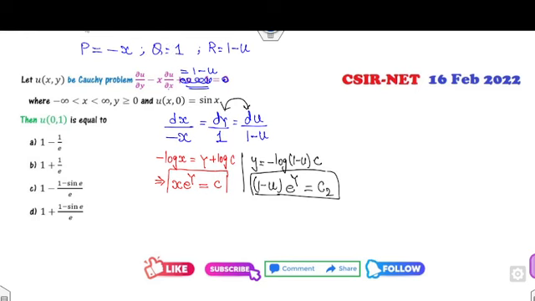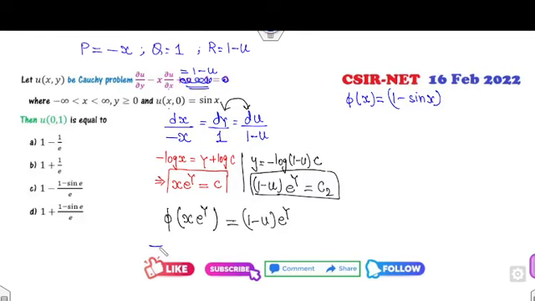Now once you get the two constants, I can write in terms of phi: x e raised to power y equals phi of (1 minus u) e raised to power y. Apply the initial condition u(x, 0). So phi of (x e raised to power 0, which is x) with u being sin x: this is 1 minus sin x times e raised to power 0, which is 1.